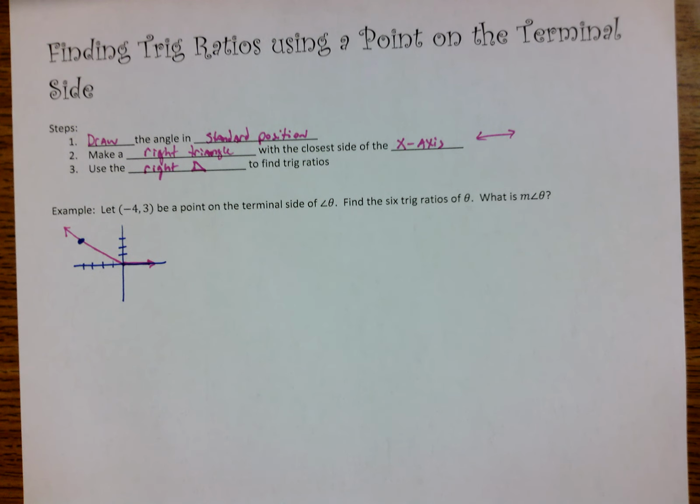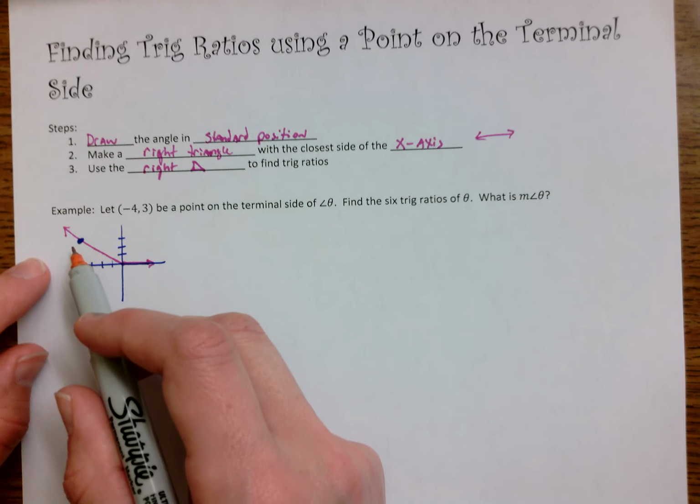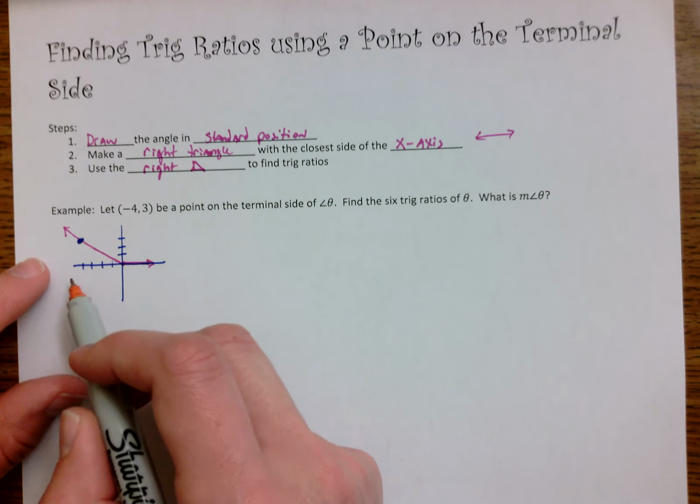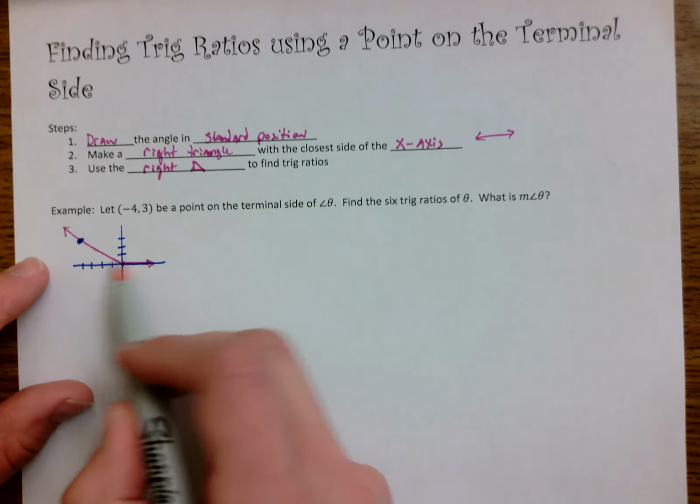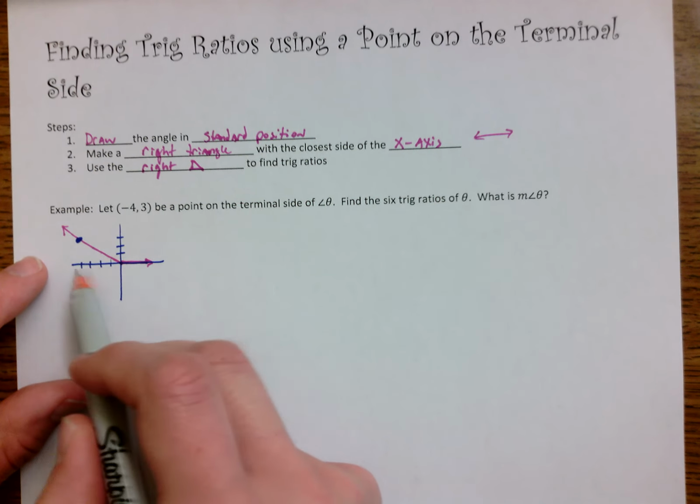So what I'm going to do is now make a right triangle. I've got my angle drawn, and I'm going to use that to create a right triangle. And I'm going to do that by going from my point and making a straight line that goes to the closest side of the x-axis. So that's this one. This would be the closer side of the x-axis.